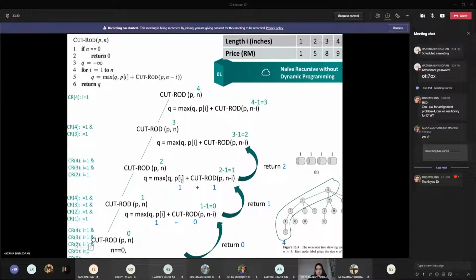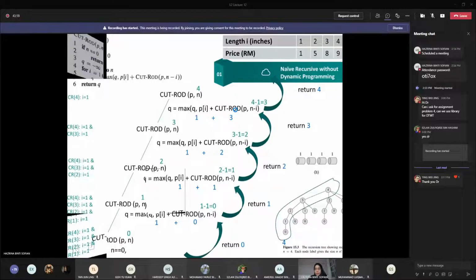PI: what's the value of I here? I is still 1, so 1 ringgit. So 1 ringgit plus 1 ringgit is 2 ringgit. Then you will return 2 to the caller. Same again: PI, I is equivalent to 1, 1 plus 2 is 3 ringgit. So it will return 3 ringgit to here.